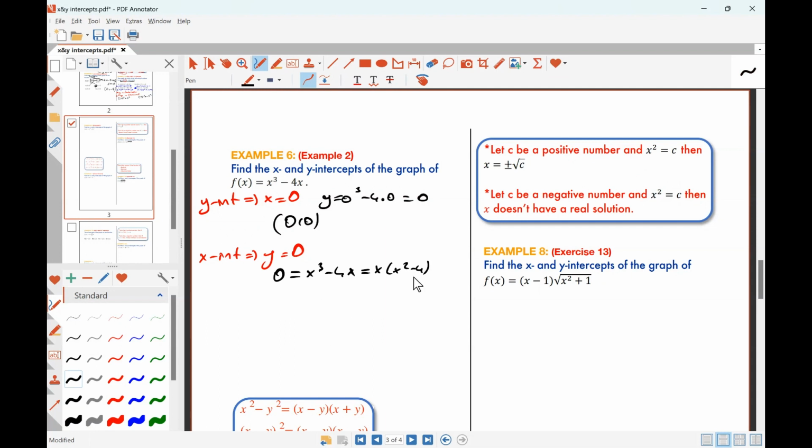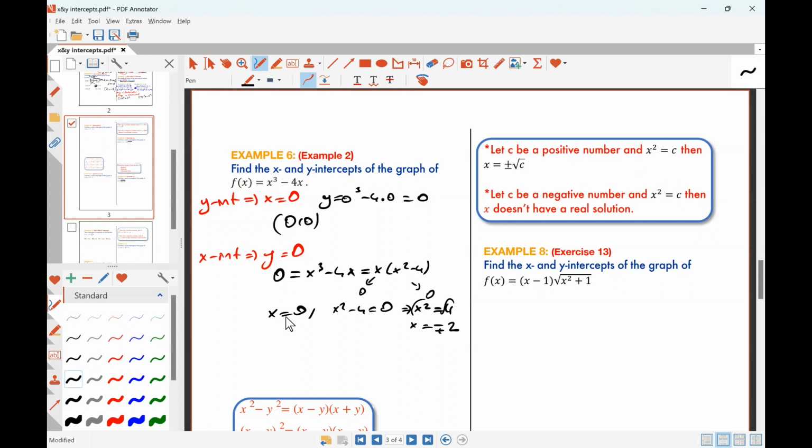Now we use the zero product property. We have two factors multiplied by each other. Either x is 0 or x squared minus 4 is 0. When x squared minus 4 is 0, you can move negative 4 to the other side. x squared is 4. So when you take the square root of both sides, x becomes negative and positive 2.